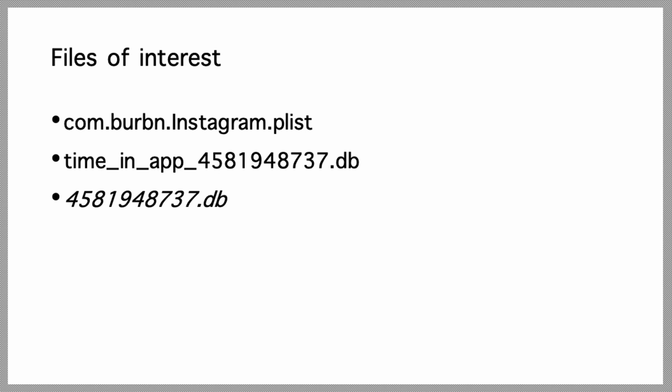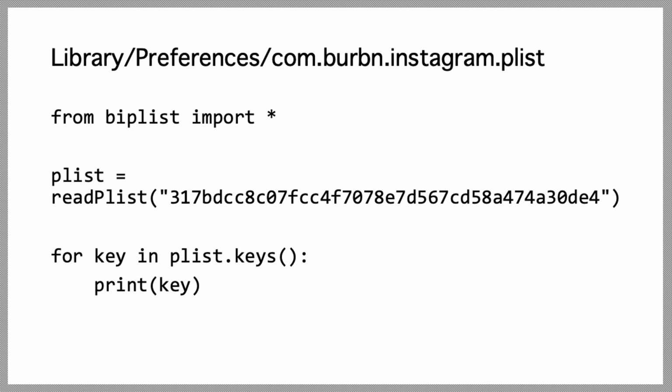All right, we've done enough talking, I think. Let's move on to some practice. We will start with the Instagram.plist. So here I have input an excerpt from a script that we're going to start with, and let's just see what the script does.